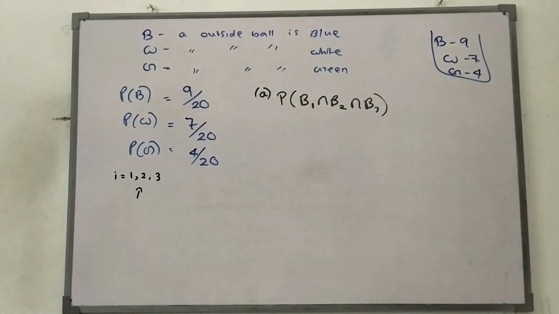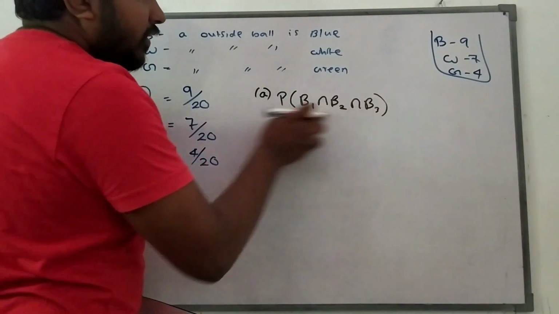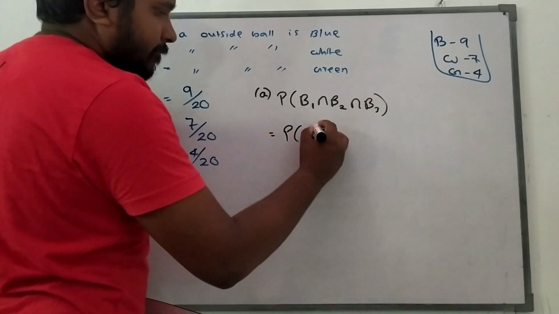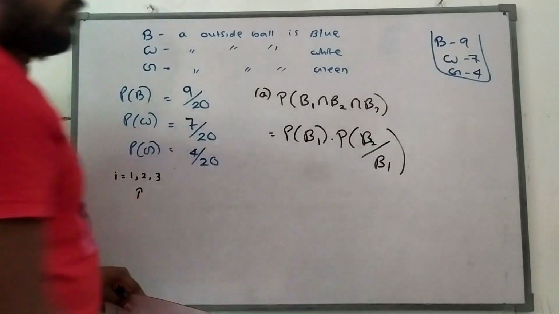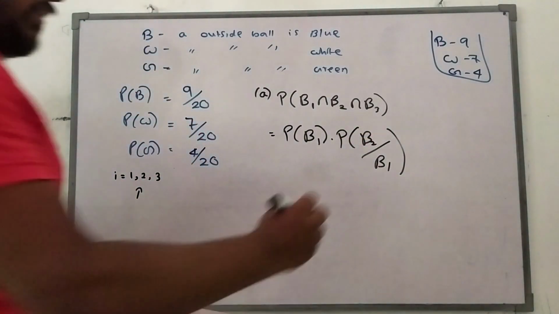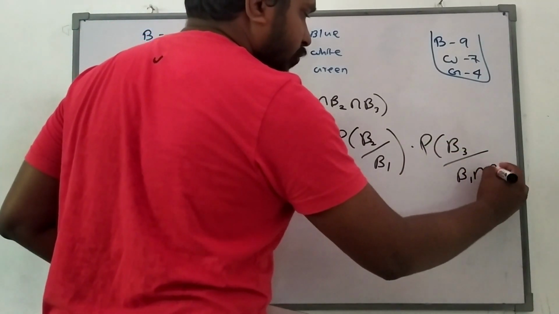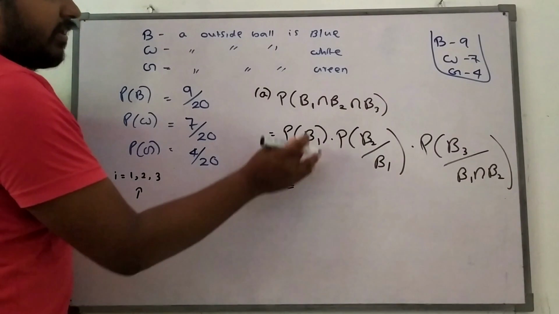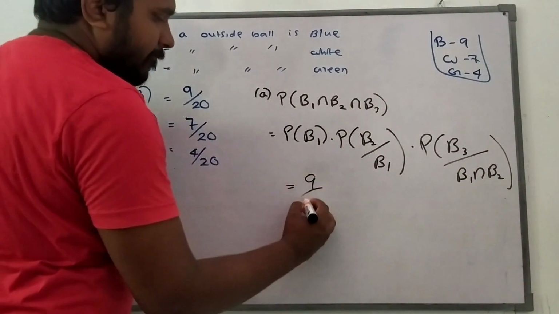So how to find this? First I'm going to take the first ball, B1, and next B2 when B1 has happened, and after that B3 after B1 and B2 have happened. So this is like the previous one. The probability that the first ball is blue is 9 over 20.